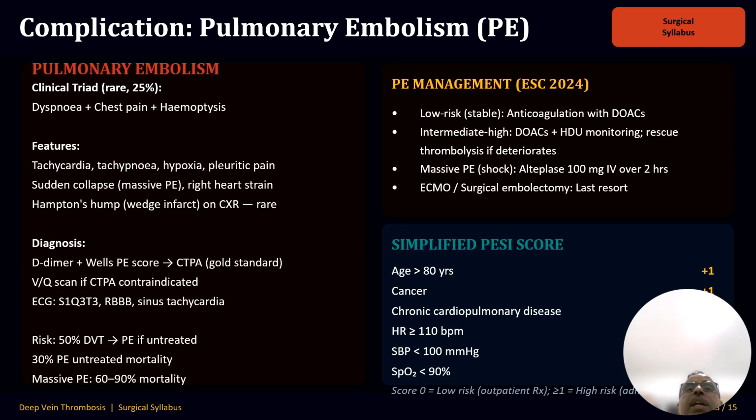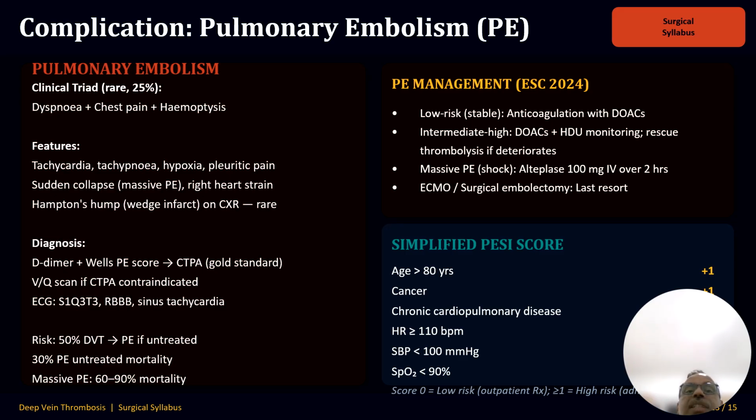There is a pulmonary embolism severity index score known as simplified PESI score, which would tell you whether the patient with a pulmonary embolism is at low risk or as high risk of development of complications and what management should be done for such a patient.